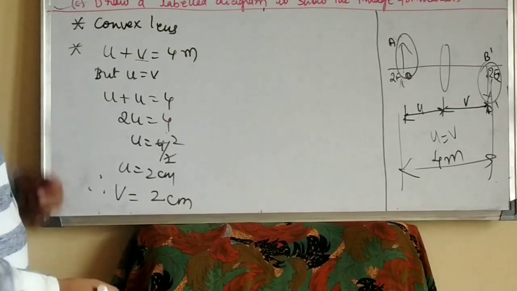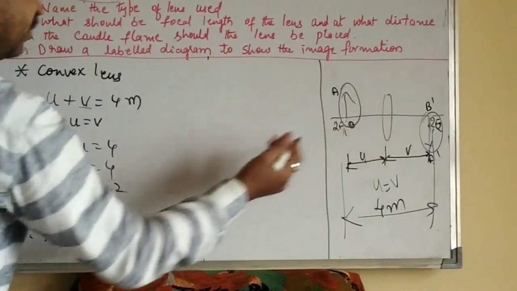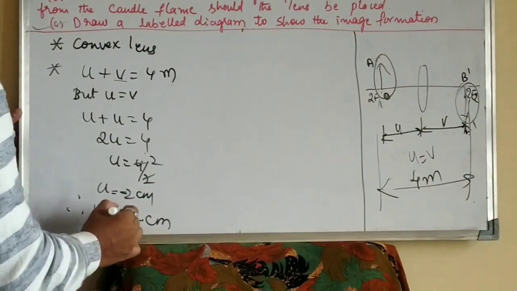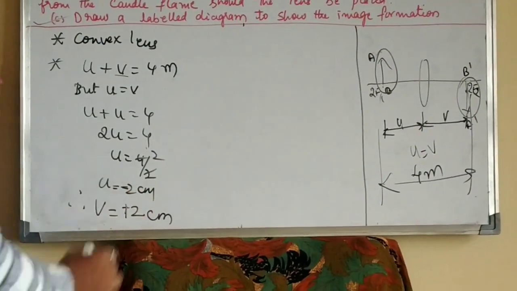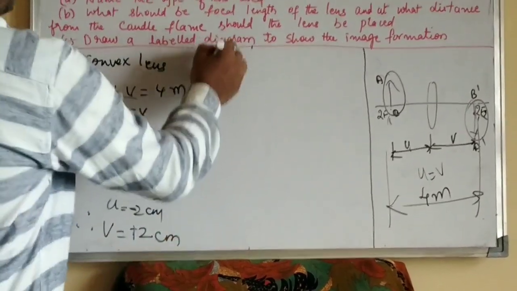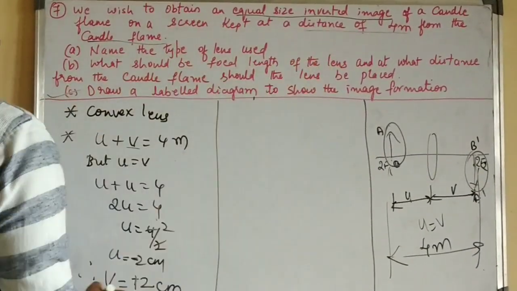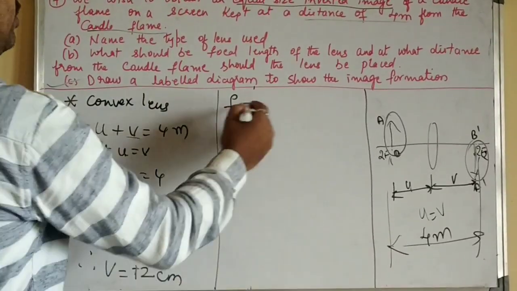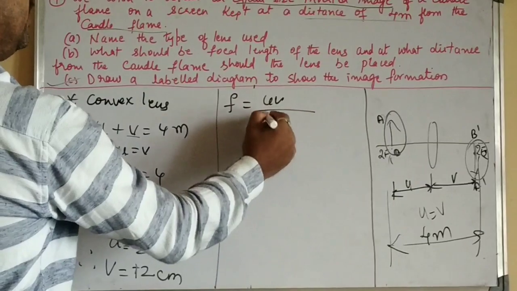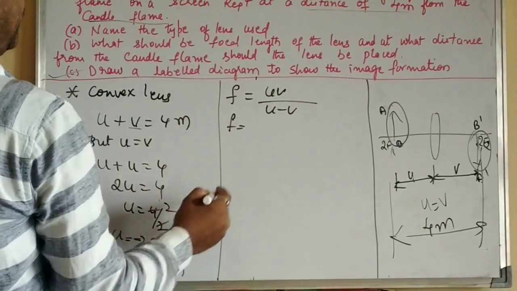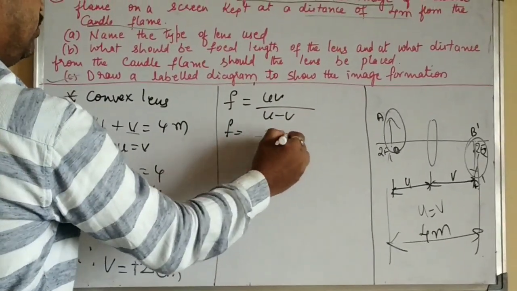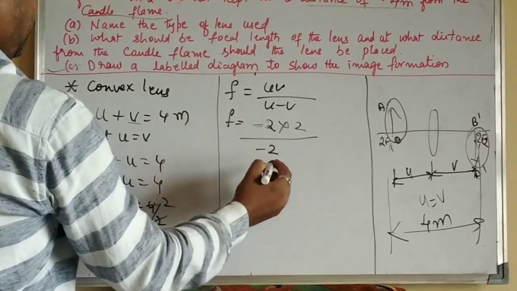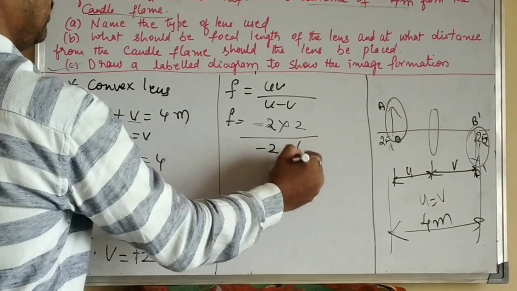Now carefully observe the signs. u is measured towards the left, so negative sign. Okay, u is equal to minus 2 meter, v is equal to plus 2 meter. Now we got the values of u and v. You can find out the value of focal length. Okay, what is the value of focal length? That is the formula for focal length, product by difference. f is equal to u is minus 2 into plus 2 divided by minus 2, then minus of plus 2.